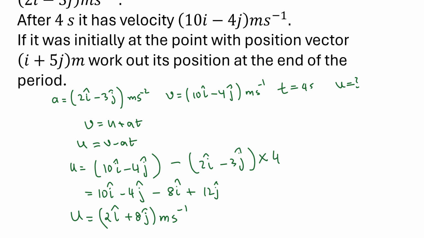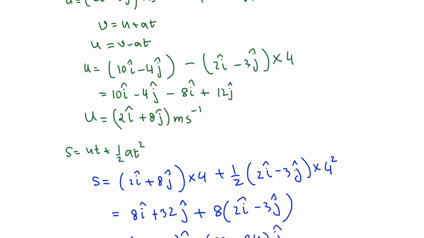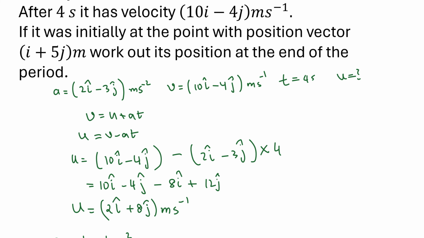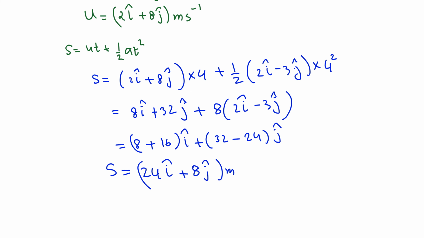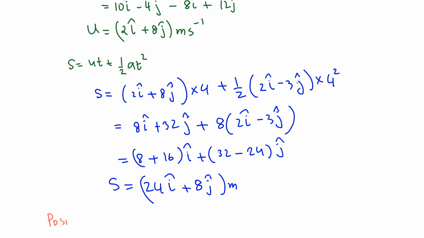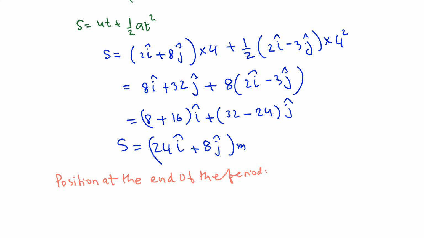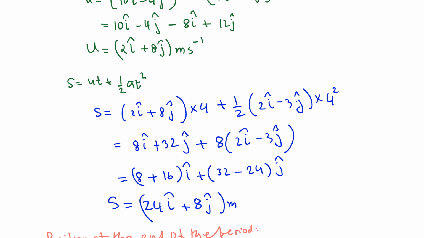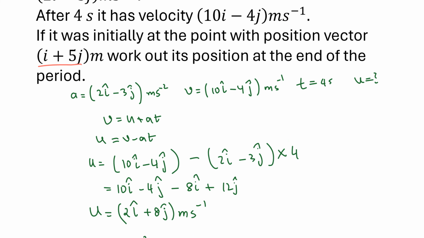So the position at the end of the period would be, I need to add the two vectors, 24i plus 8j plus i plus 5j.